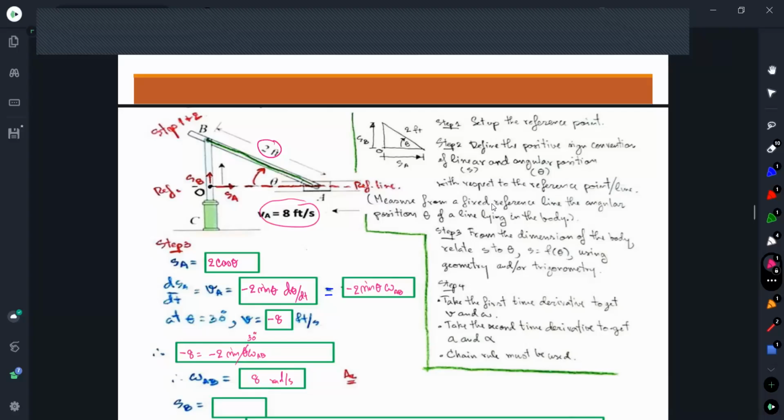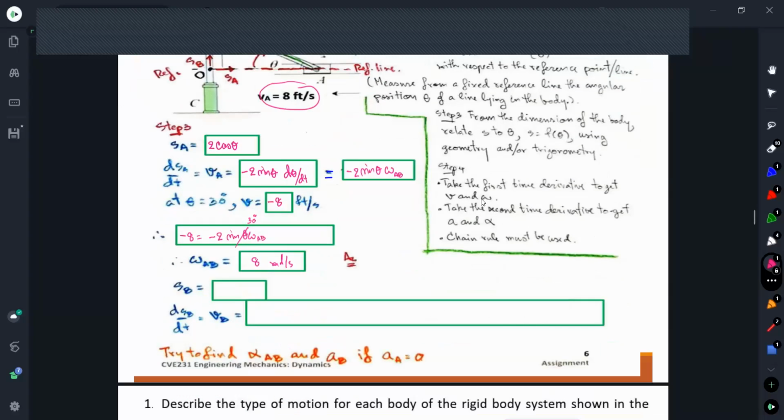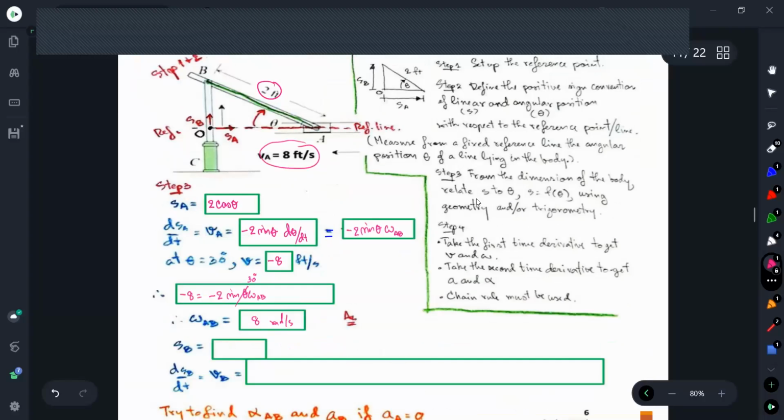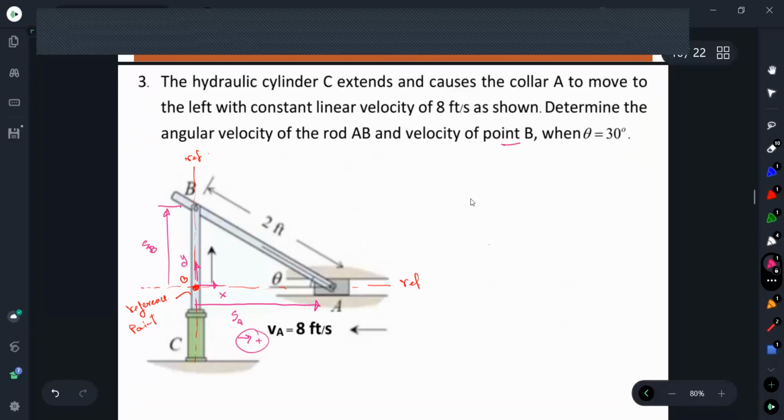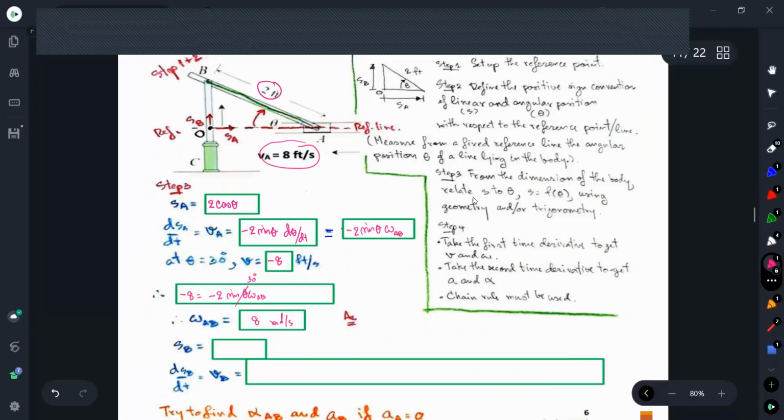Now for SB, if we would like to find the velocity of point B, we know that this is the reference. Then SB is equal to 2 sine theta.